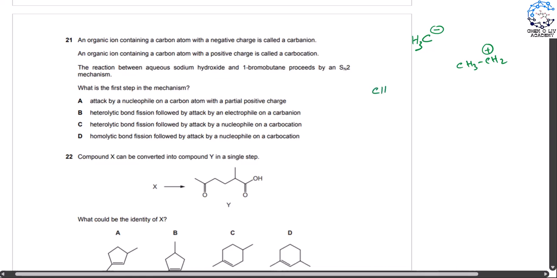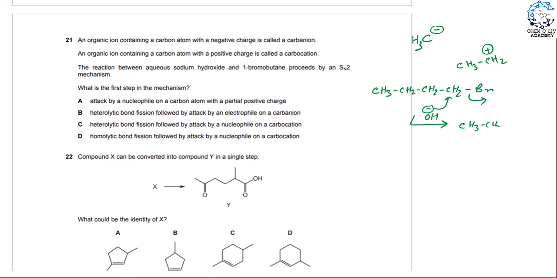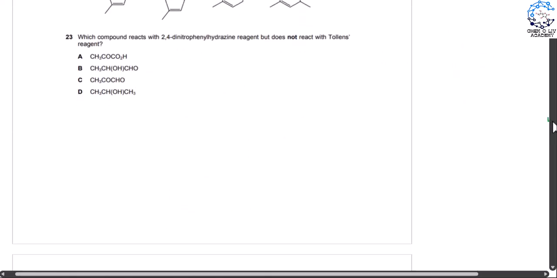So let's draw 1-bromobutane, CH3CH2CH2CH2Br. Now it is going to react with aqueous sodium hydroxide. So OH minus is going to react here from the backside and the bromine is going to move out. So it's going to form CH3CH2CH2CH2OH.